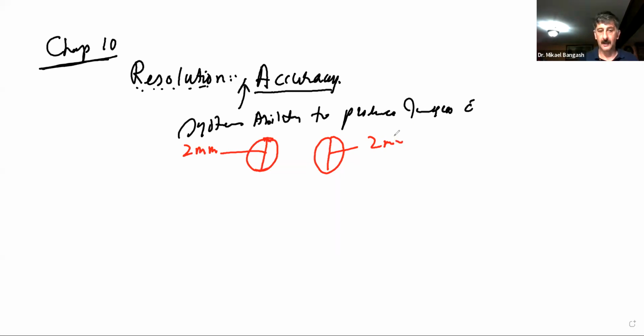That is accurate. Had it measured 20 millimeters on your image, that would have been inaccurate, a poor or degraded resolution. Did that make sense?